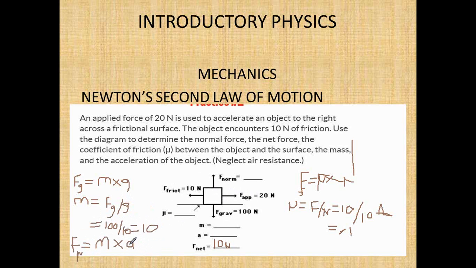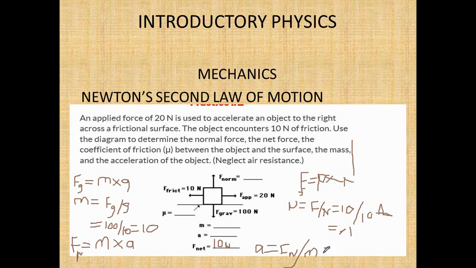So to solve for acceleration, you're going to divide the net force by the mass. The net force is 10, so our acceleration is equal to the net force divided by the mass.